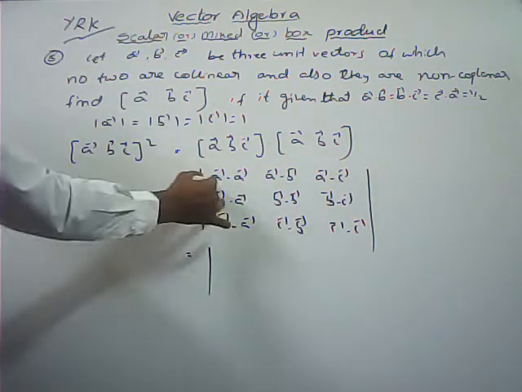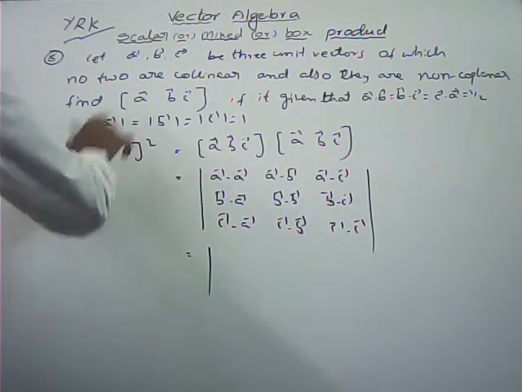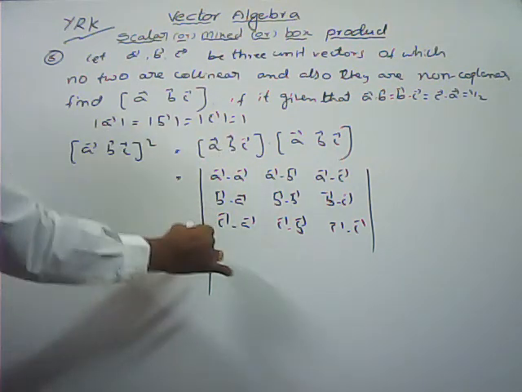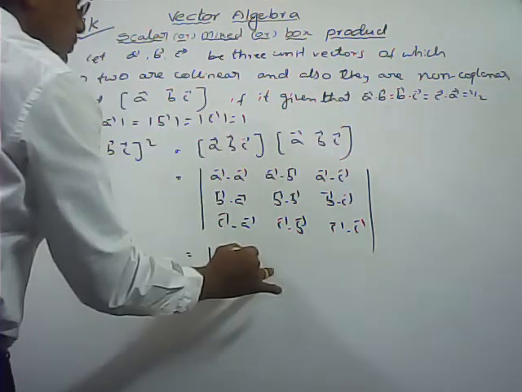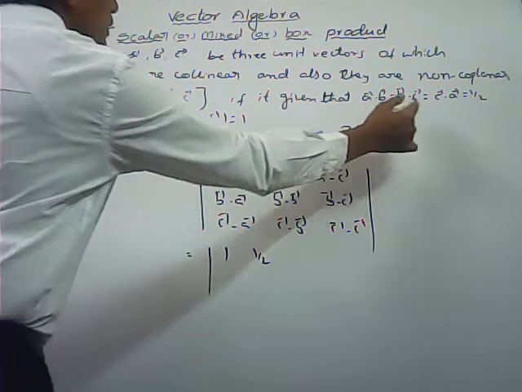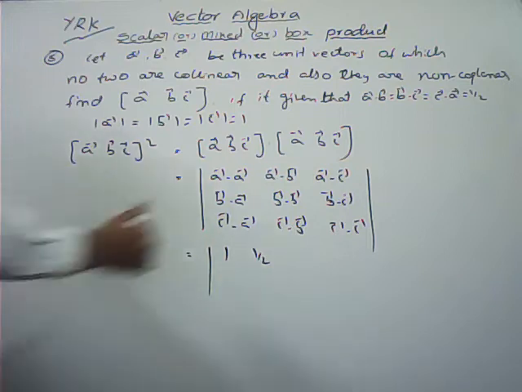Now A bar dot A bar, that is modulus of A bar square, modulus of A, that is 1. Here 1, A bar dot B bar, that is also given 1 by 2. A bar dot C bar also, here dot product, that is commutative. So A bar dot B bar equals B bar dot A bar is 1 by 2.